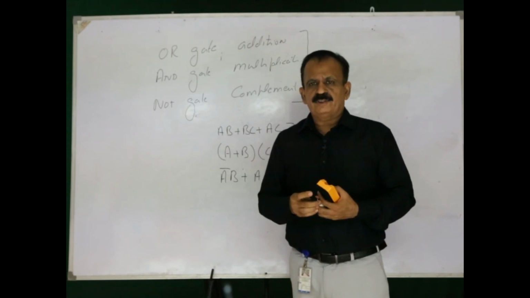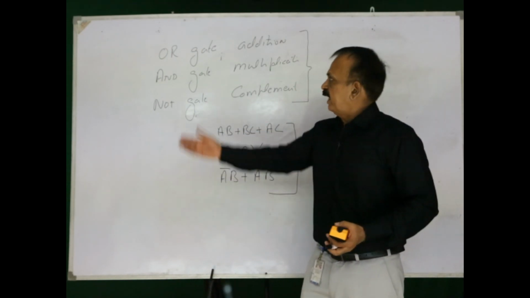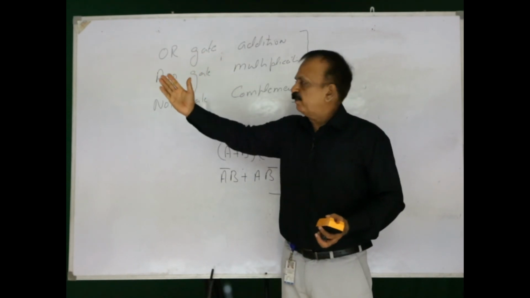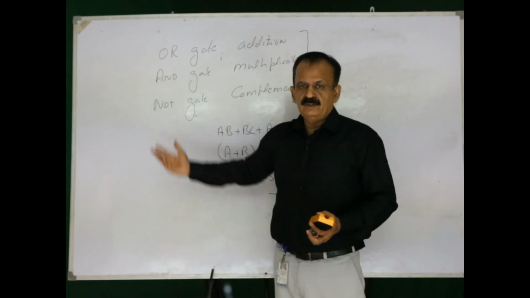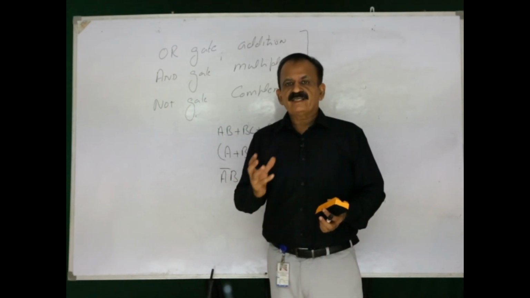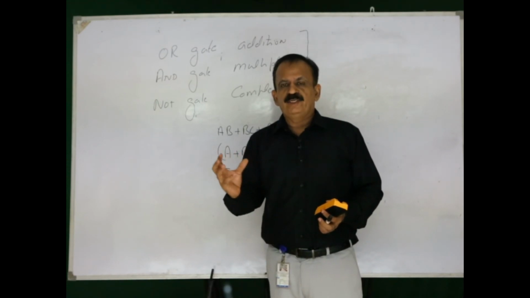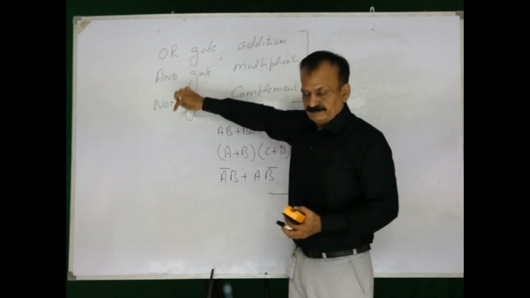Another important question from this topic can be one very simple: explain OR gate or explain AND gate or you can be asked to explain NOT gate. One question can be what are the basic building blocks of Boolean circuits? You have to give the names of the three.